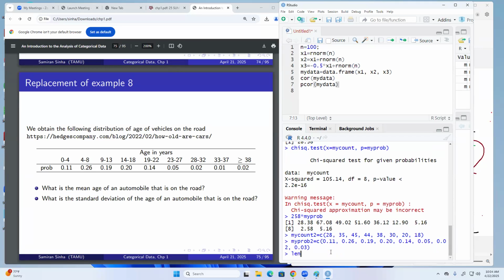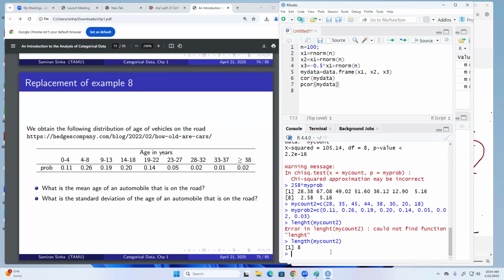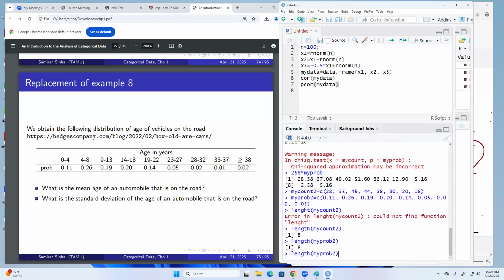Let us first check the length. 8. Now apply the chi-square test.